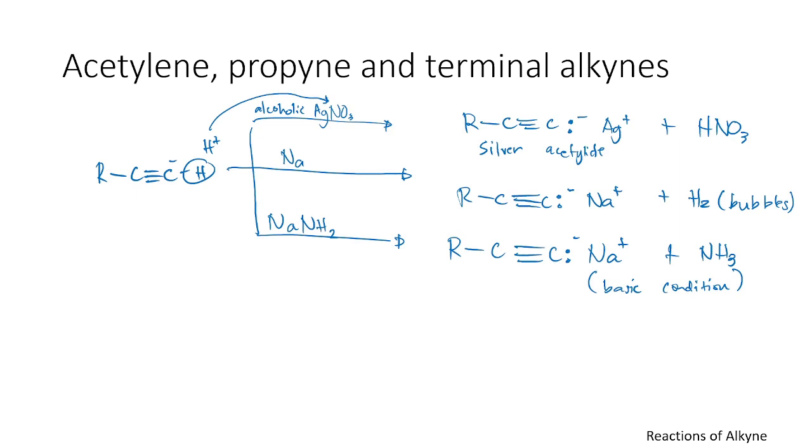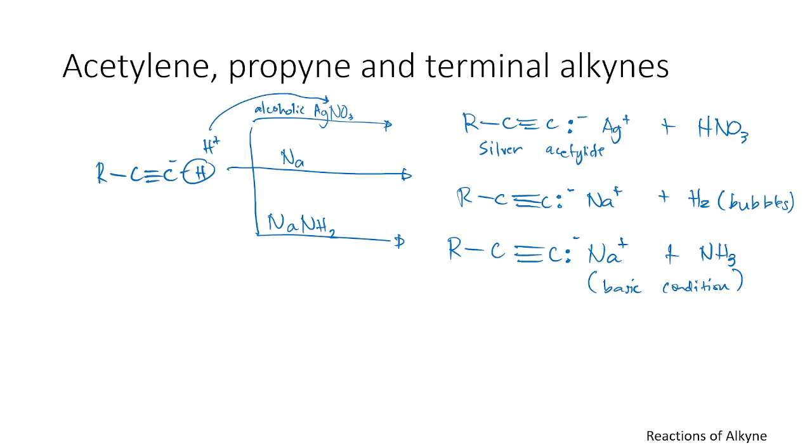So basically, if you provide any terminal alkynes or expose any terminal alkynes to these conditions wherein you will add alcoholic silver nitrate or your sodium metal or your sodamide, you will have these reactions wherein magkakaroon ka ng precipitate, pwede kang magkaroon ng bubbling due to sodium metal, and lastly, you can also have a basic condition using our sodamide, which will not happen with internal alkynes.